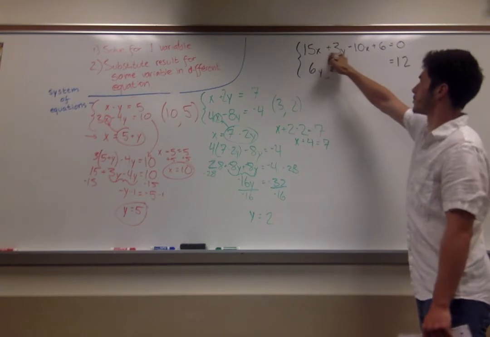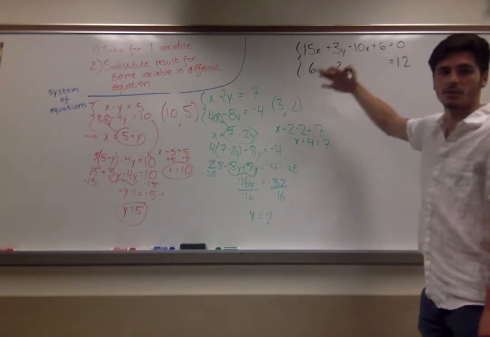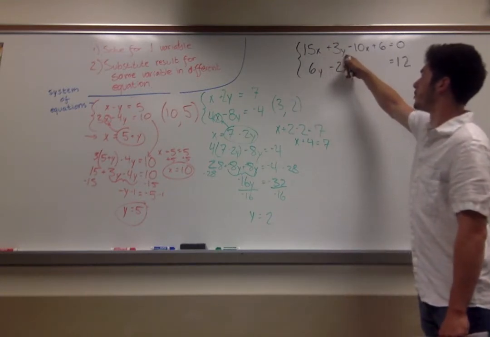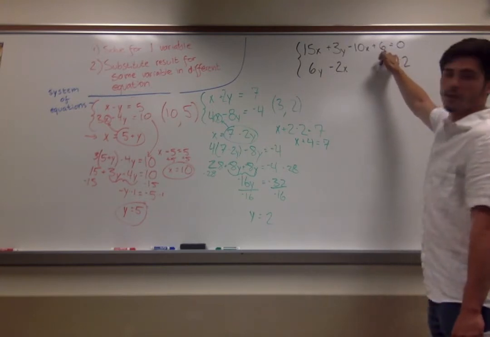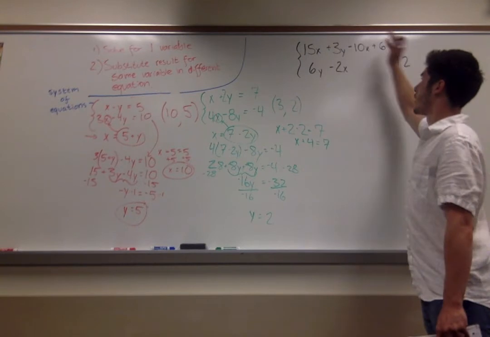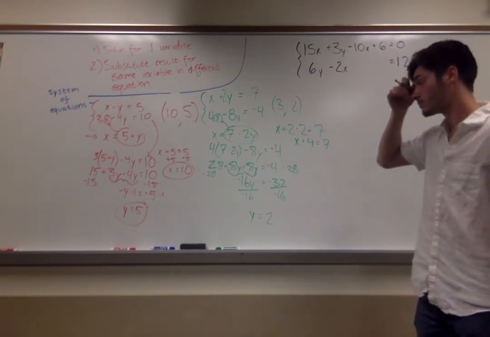So we have 15x plus 3y minus 10x plus 6 equals 0. So this doesn't even look like what we've seen before. We have 2 variables, another of that variable, and a number that doesn't have a variable on this side. But what we can do is just switch that around so that it turns into something that looks more familiar.